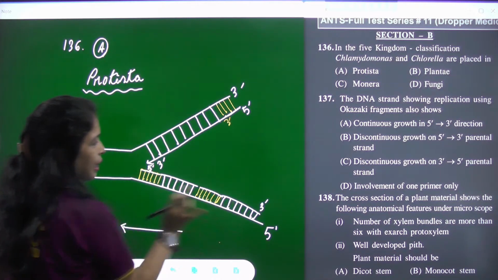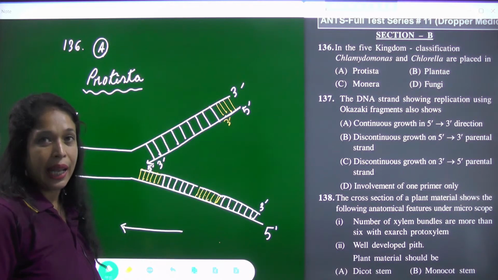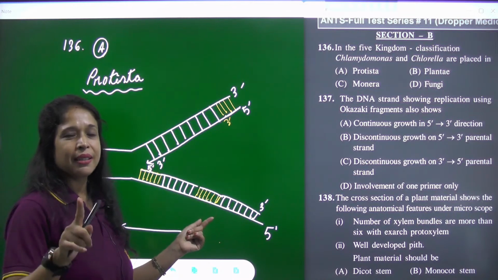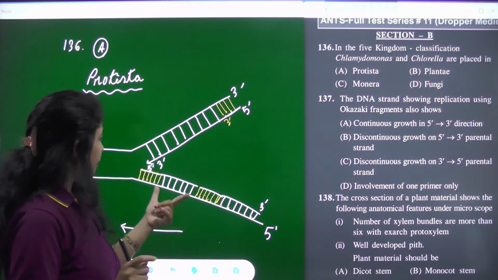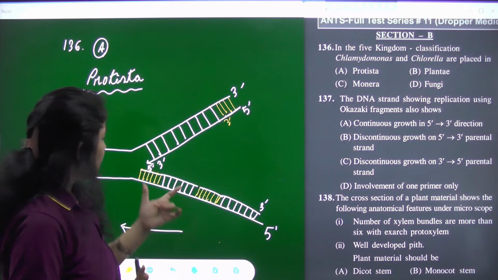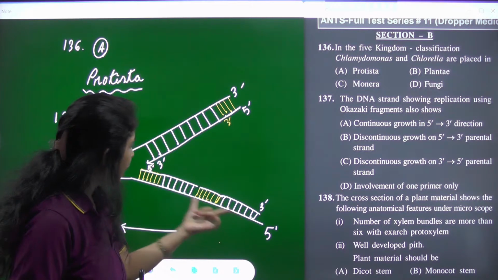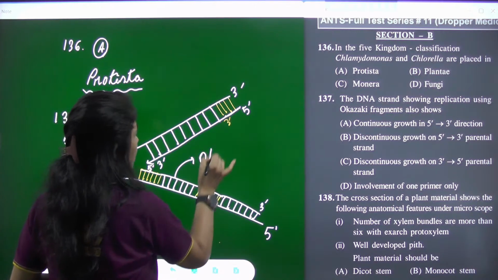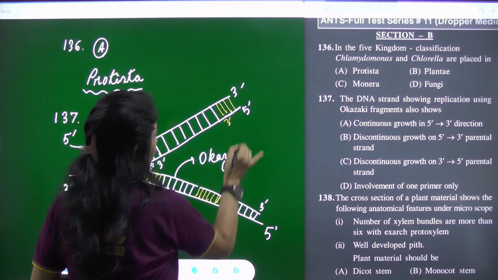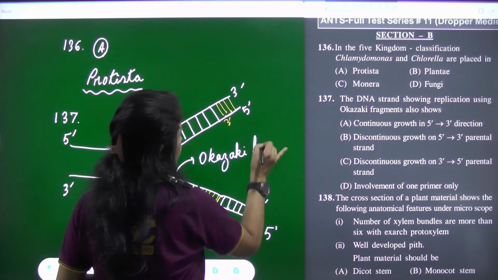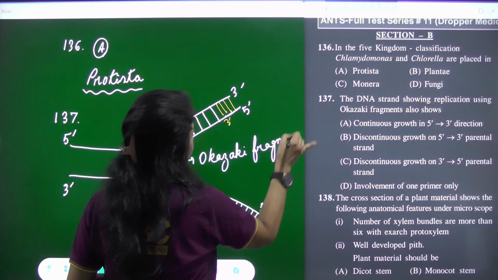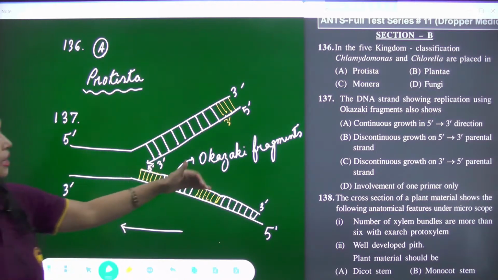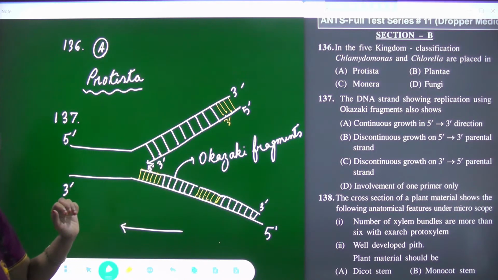This is the discontinuous strand or lagging strand. And what I marked here in yellow color is the primer. These are the primers, right? So this segment of DNA we call Okazaki fragments. This DNA segment we call an Okazaki fragment.